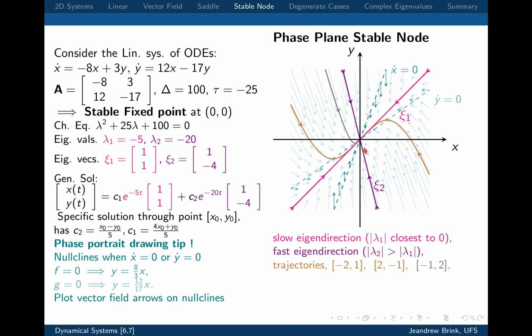Here is another one. If we go closer to the fast eigendirection, it's the same thing. Once again, parallel to the fast eigendirection when we start, and then as time gets larger, only the slow eigendirection remains, and we basically approach the origin over there.